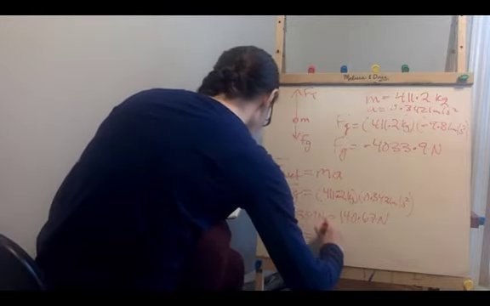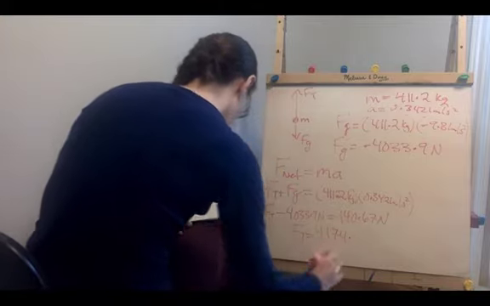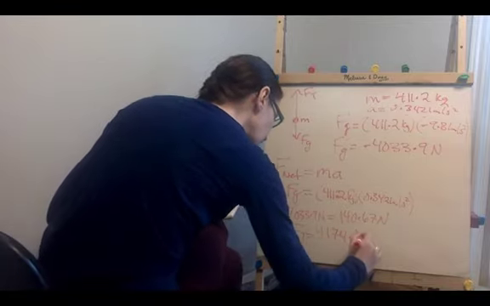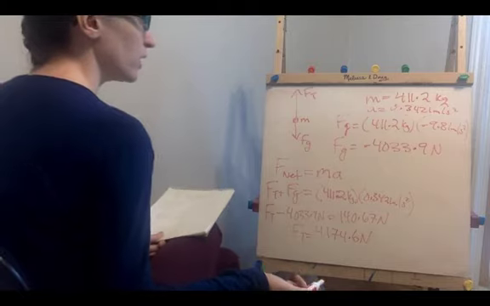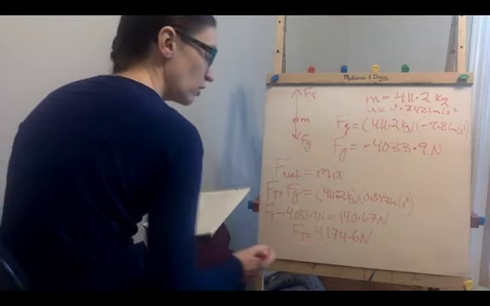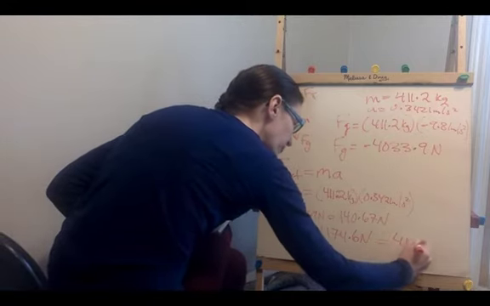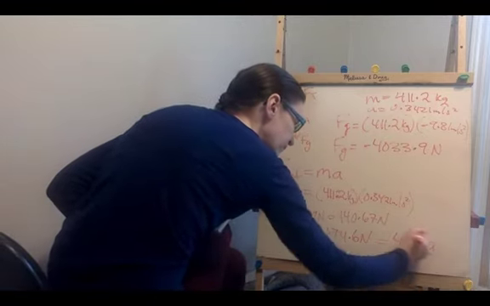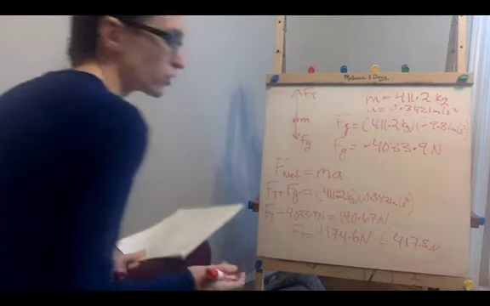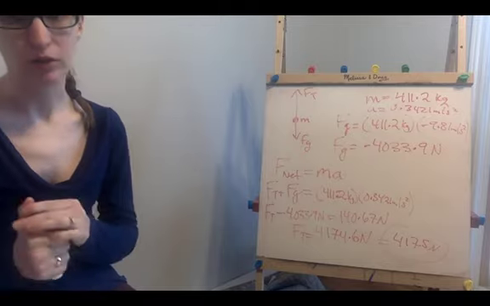We get a value of 4,174.6 newtons, but we get 4 sig figs, so this will round to 4,175. That's our force of tension in the cable, providing that we're moving at that particular acceleration.